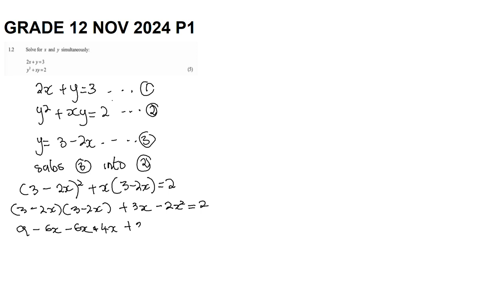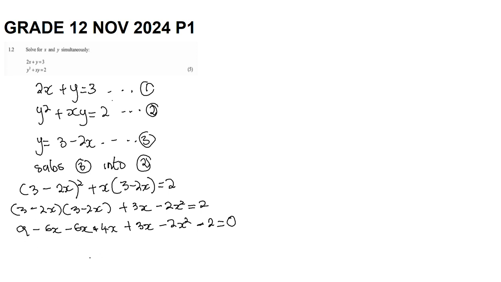And then plus 3x minus 2x squared. Then I'm going to take this 2 from the right hand side to the left hand side. Since it's positive, it's going to change to negative 2. All this equals 0, guys.